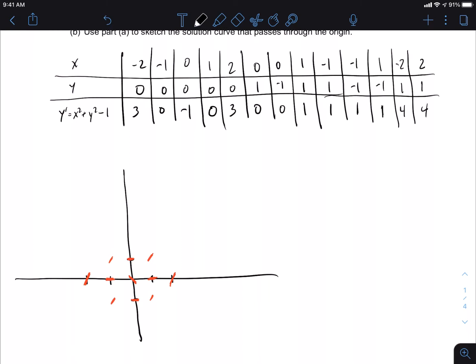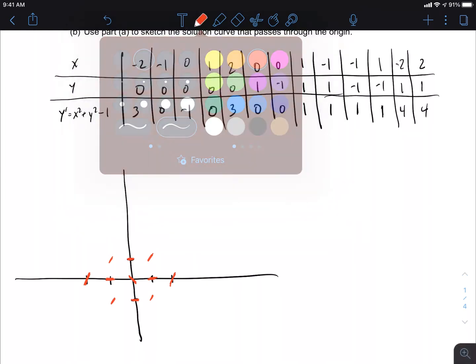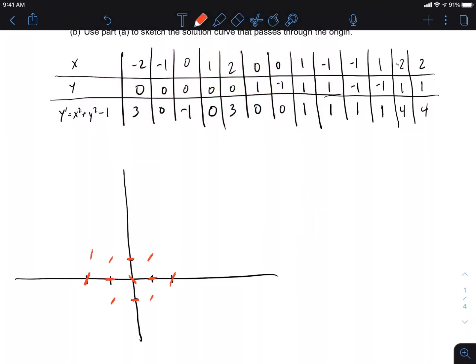Should be 4, right? Because since it's squares. So this is going to be even steeper and even steeper. And you can see how many points are there on a Cartesian coordinate plane. Infinite. There's infinitely many, correct? So we can start to see something about what's going on with this curve.